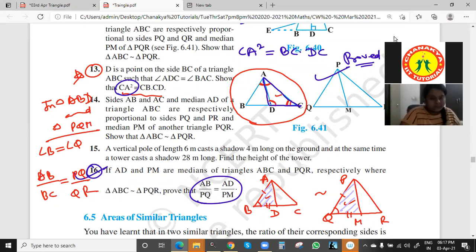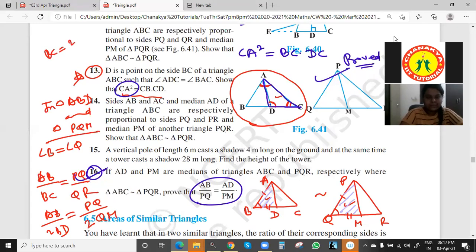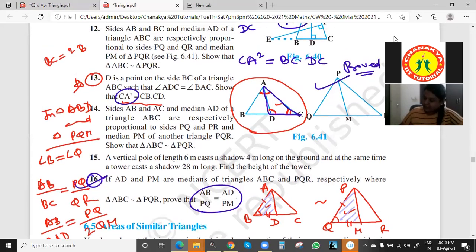AB is fine. BC is also fine. Now BC we can write as 2BD. PQ is fine, and QR we write twice of QM, because BC will be equal to twice of BD, because both the lengths are equal.